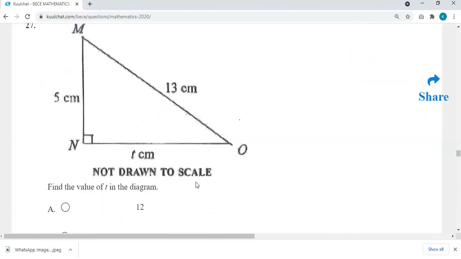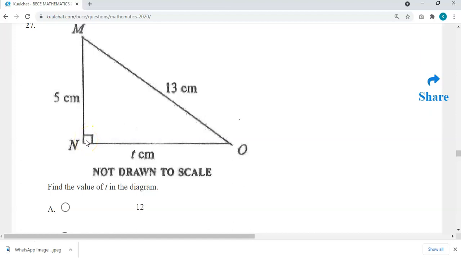Question number 27 says find the value of t in the diagram. So this is Pythagoras theorem. How do we know it's a Pythagoras theorem? Whenever you are given a triangle with this sign, it means this side is 90 degrees. So when you get 90 degrees at one part, you have to remember the concept of Pythagoras.